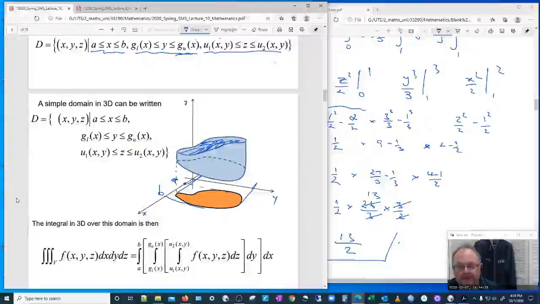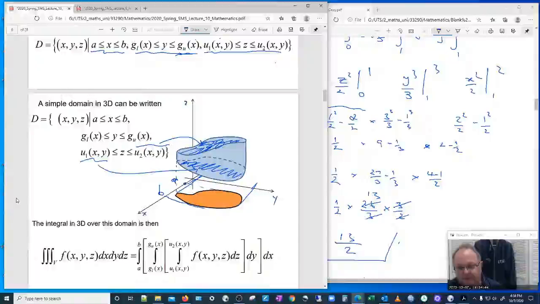So the upper part is this bit, and the lower part of the surface is this bit. So it's a bit more complicated. That's a bit of an understatement, isn't it?